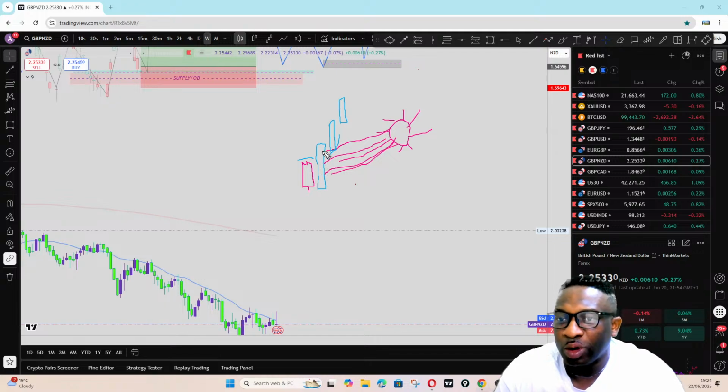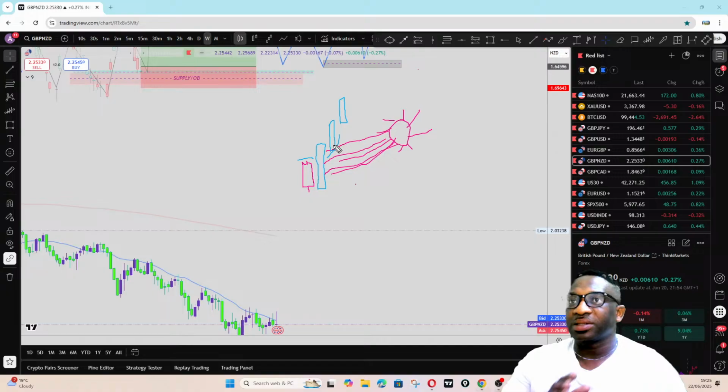That is what is called the anticipation entry. If you don't want the anticipation entry, you can go in after this candle closes, and then you go in for the confirmation entry. I believe this clears every doubt and makes it clear for everyone to understand.